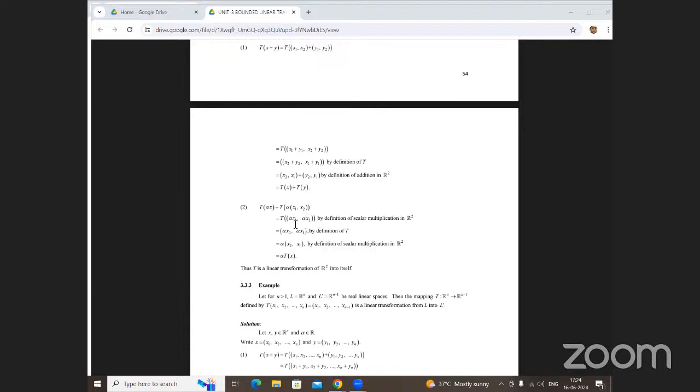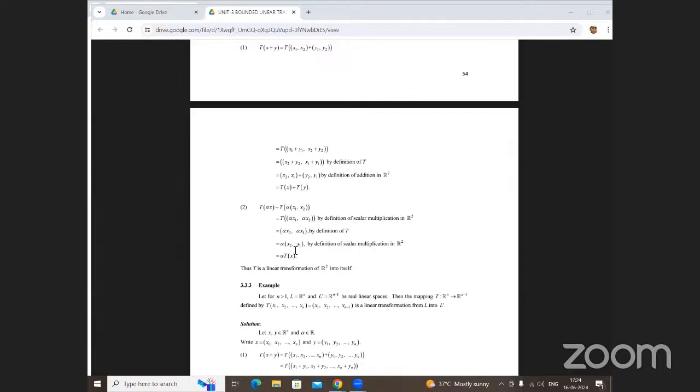Here x2 becomes alpha x2 and x1 becomes alpha x1. Alpha is common, so this is alpha times x2, x1, which by definition is T of x. Now we have to prove that T of alpha x equals alpha times T of x.